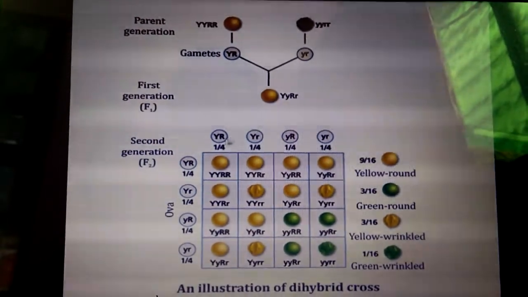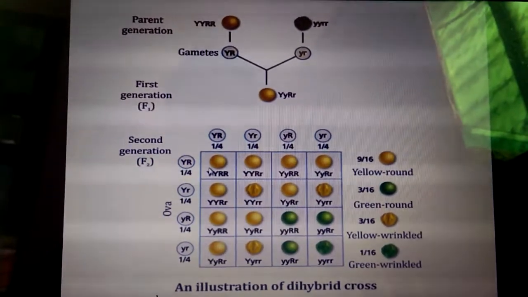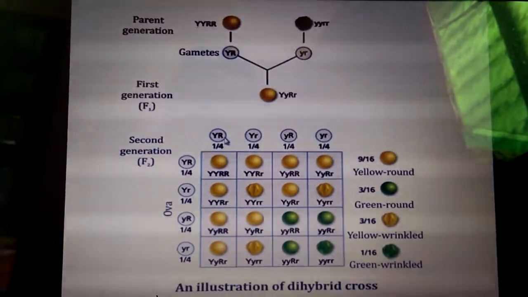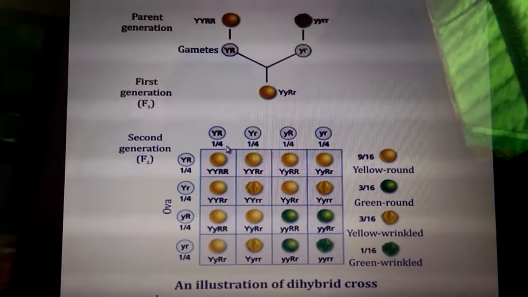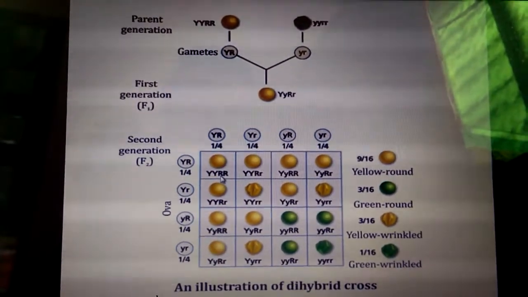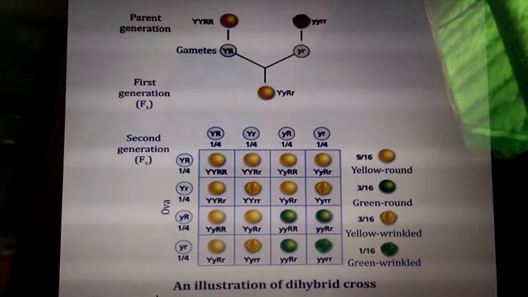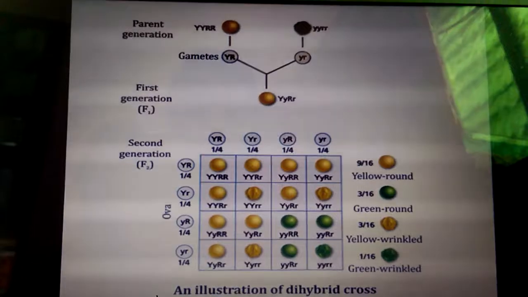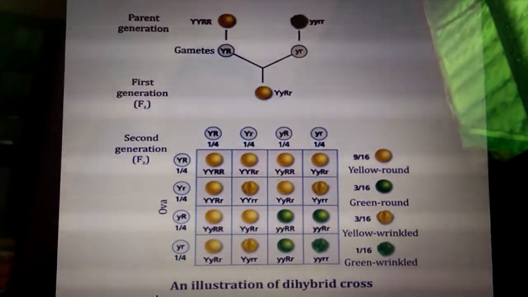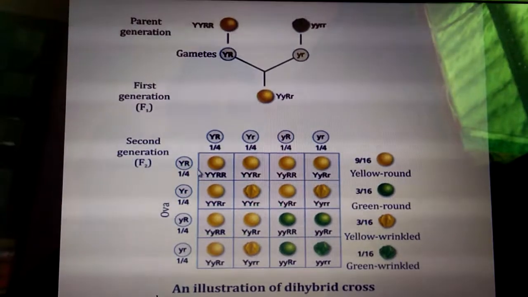So these are the four different gametes, and when they are pollinated, we can predict the ratio by using a Punnett square to reveal the possible outcomes of a genetic cross.